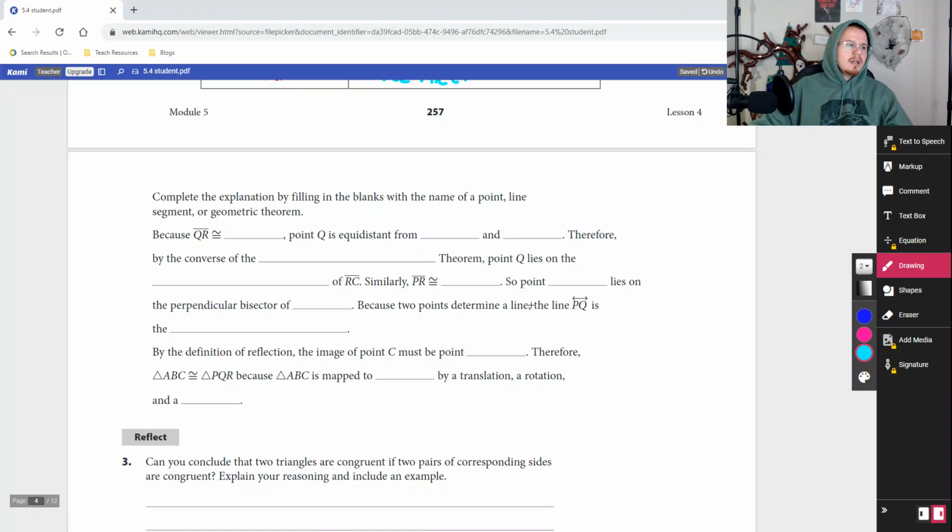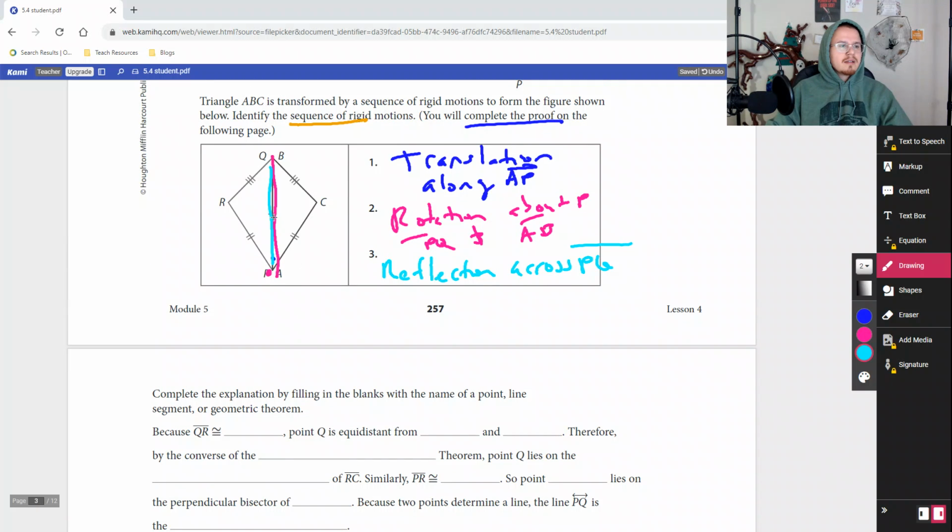So because QR is equal to QC, let's try and follow this, right? Point Q is equidistant from R and C, whichever order you went.